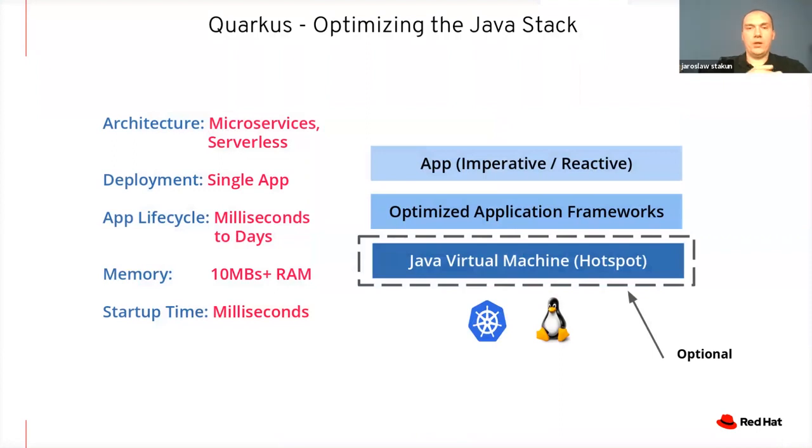So we want to have the possibility to create and build containers running Java applications which can start very fast and consume much fewer resources, especially RAM, than traditional Java applications.